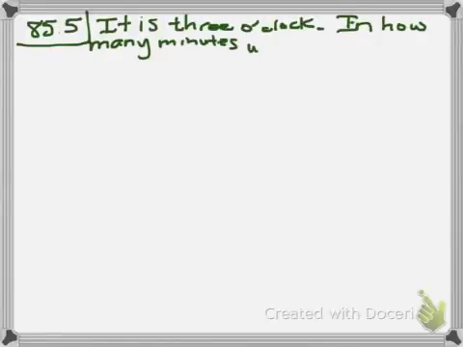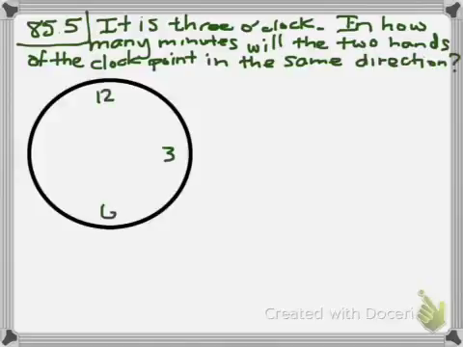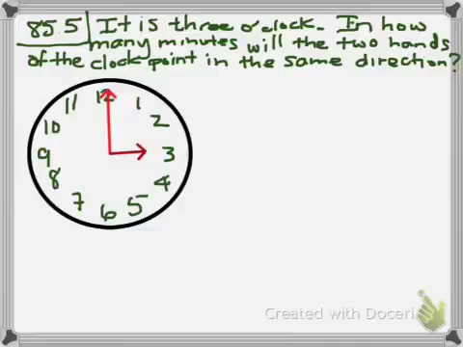It's 3 o'clock. In how many minutes will the two hands of the clock be pointing in the same direction? So I like to draw a picture just to get an idea. We want to know when they're going to point in the same direction. You can kind of guess it's going to be somewhere around 3:20-ish, but we'll do the problem to figure it out.